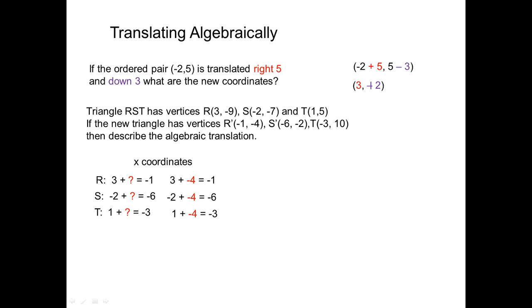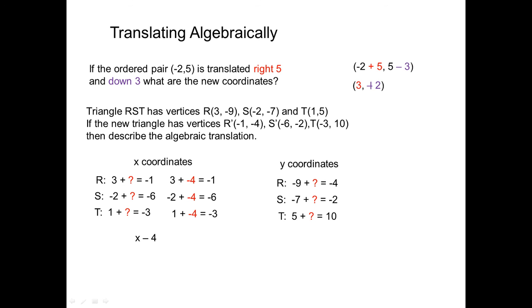So now I know that my x-coordinate is going back 4. Now let's look at our y-coordinates. I started at negative 9 and my R prime is negative 4, my S began at negative 7 and my S prime is negative 2, and my T began at 5 and ended at 10.